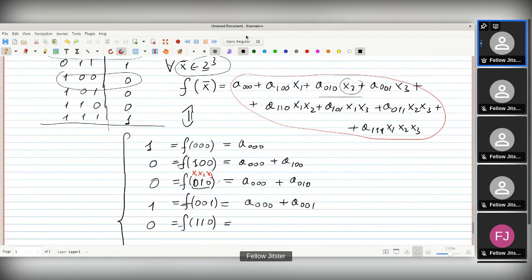And on the other hand, it is A000 plus... Here x1 and x2 equal 1. So we will have this one as x1 is 1, plus this one, plus, of course, this coefficient.